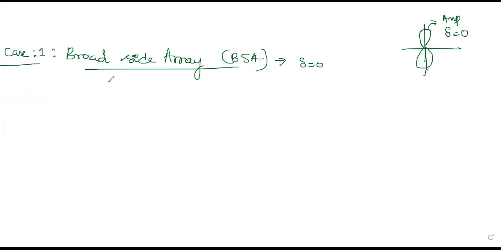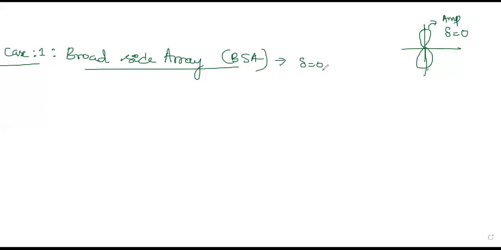If we consider an array of 2 isotropic sources, now you have to apply it. Again here you have to find out the angles at which your main lobes are obtained, which is in the direction perpendicular to the array axis.